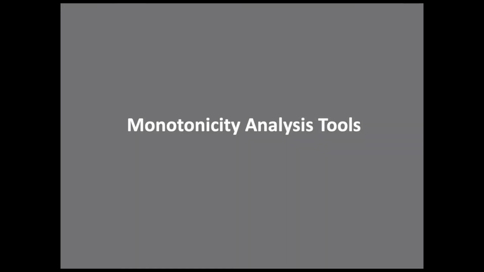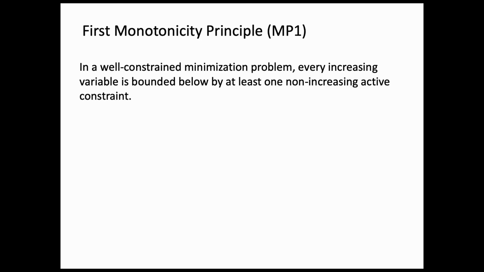Let's now have a look at some tools for monotonicity analysis. Here's the first monotonicity principle. There's also a second monotonicity principle. We're not covering that in this class, but if you're interested in getting a comprehensive understanding of monotonicity analysis, you can learn this in the Principles of Optimal Design textbook.